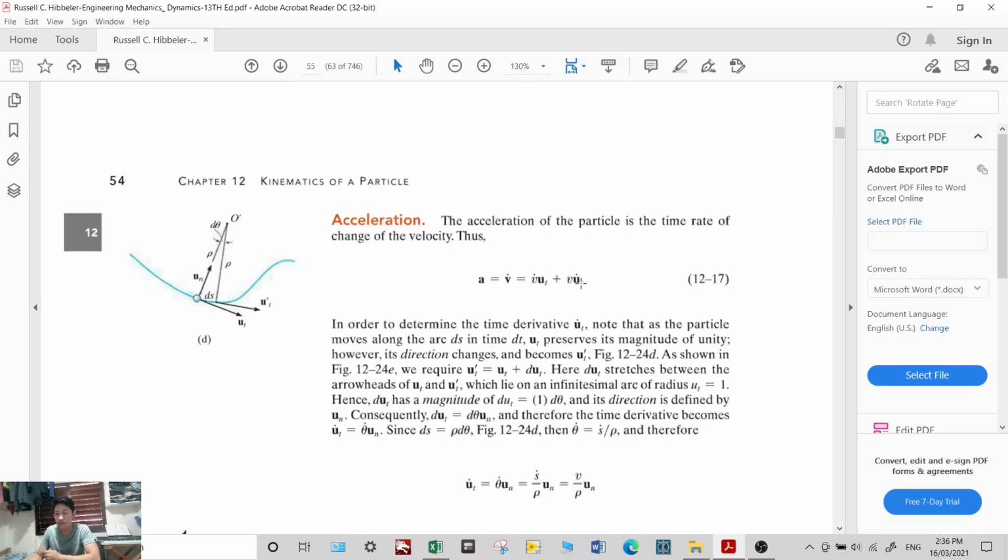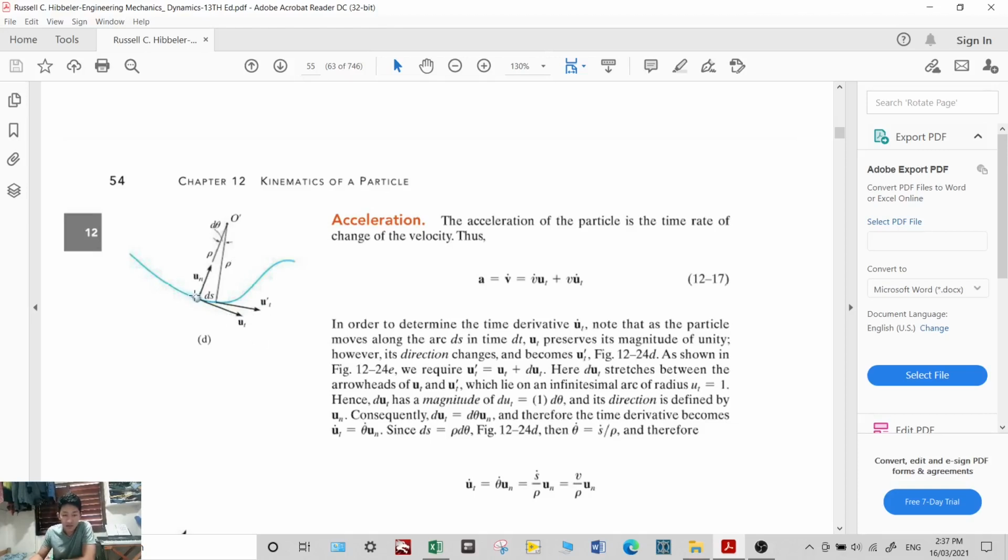What is u sub t dot? It is the change of the unit vector u sub t with respect to time. If we draw its motion, first the object is here, and at a certain time it is over here, so now your u sub t changes. By the way, your u sub t and u sub n change depending on the location along the curvature.